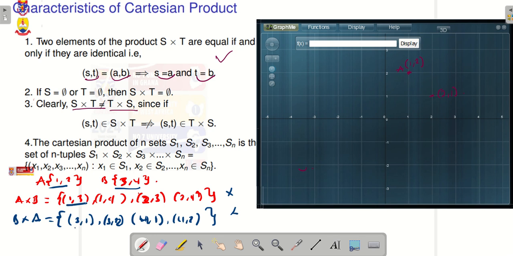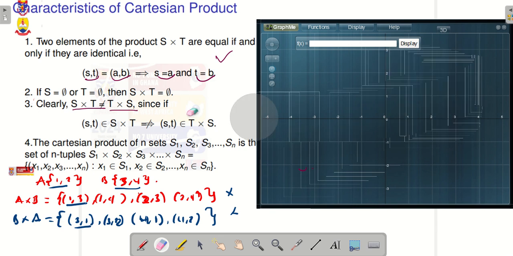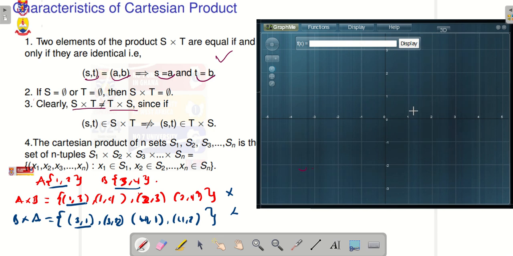1, 3 is different from 3, 1, because if I should plot 1, 3 here, I'm going to get this. But if I should plot 3, 1, I'm going to get this. So the two points are not the same. If I plot 3, 2, I'll get this.